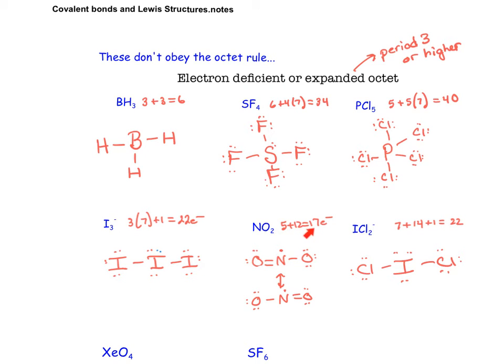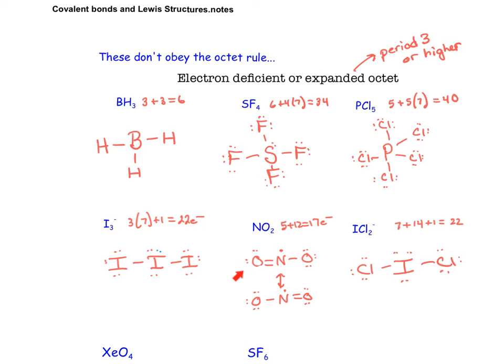NO2 has an odd number of electrons, which means somewhere there's going to be an unpaired electron. We have an odd number because nitrogen is the one that has the odd number of electrons to start with, and because it is less electronegative than oxygen, nitrogen is going to be the one that is electron deficient.